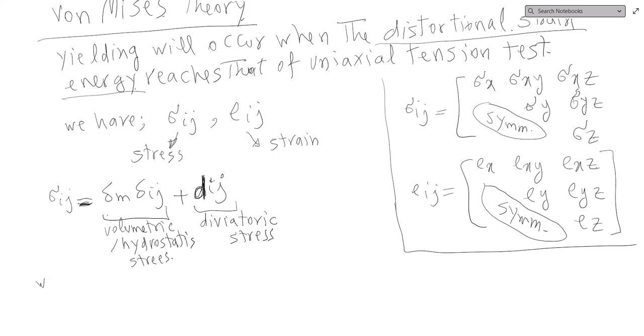Where actually this should be sigma, where sigma m is the average of the trace.